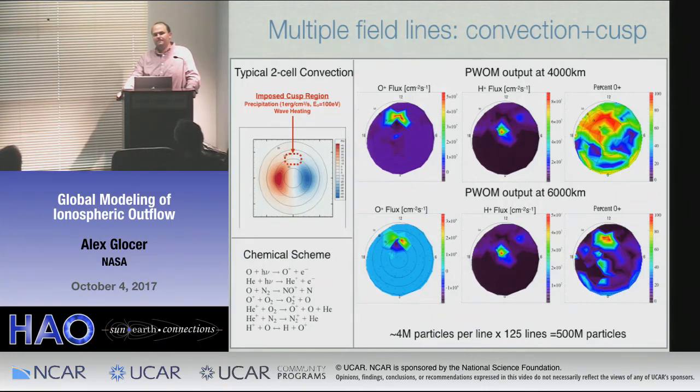Yeah. I do see, but in that case, if the H+ is transported faster along the field line, I would expect to see it closer to the cusp, but I see the O+ actually closer to the cusp. So, I mean, it's a good idea, but I'm not sure that works. Right. All right.